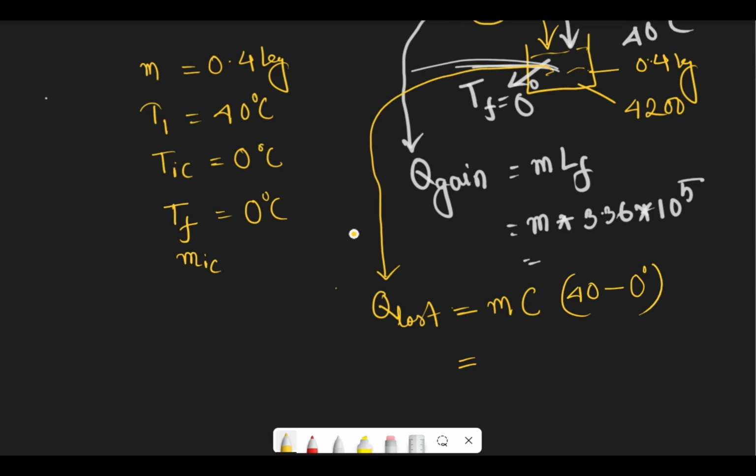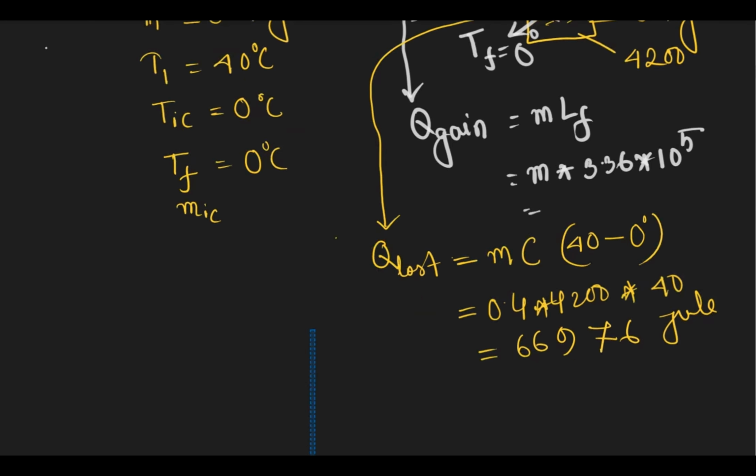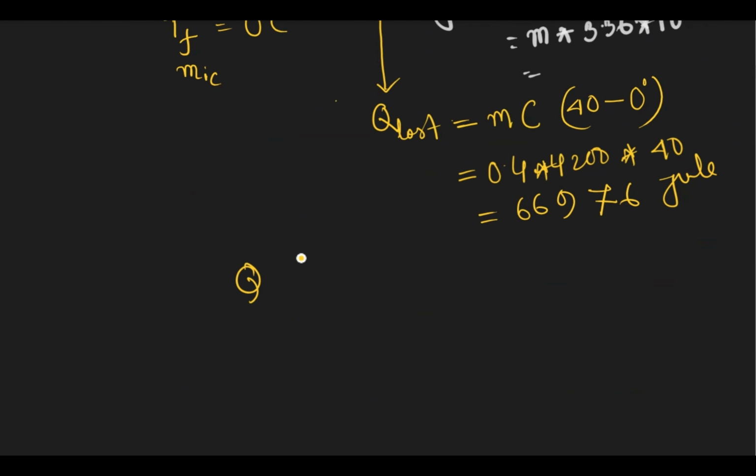If we plug in the value of mass of water, which is 0.4, and the value of c, 4200, and this is 40, after calculation we get 66976 joule, right?